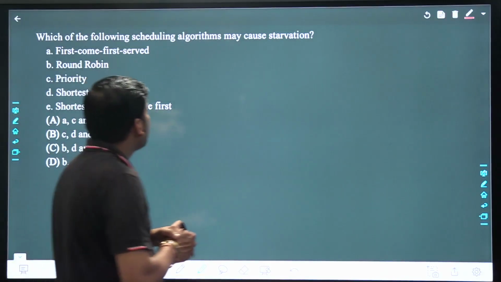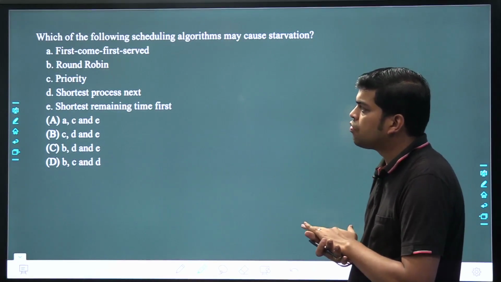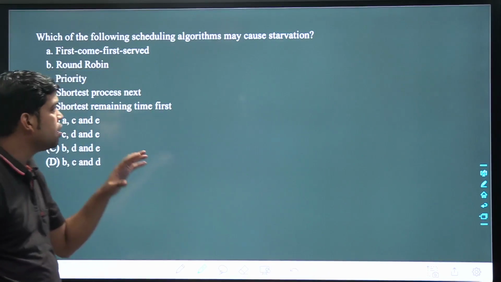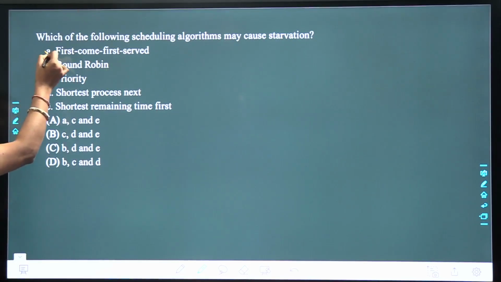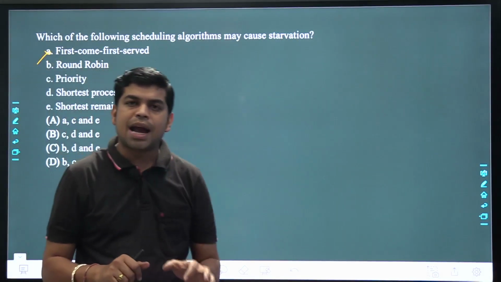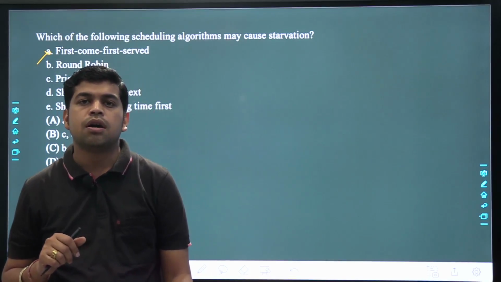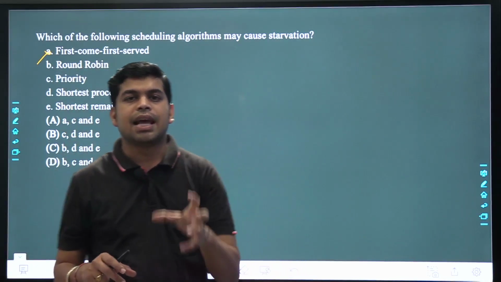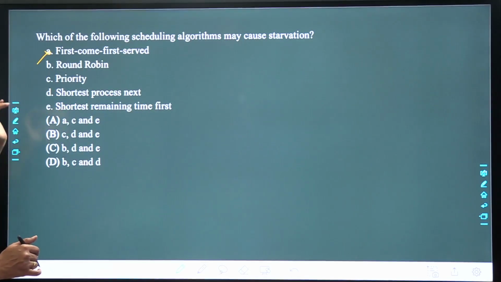Now the next question: which of the following scheduling algorithms may cause starvation? Out of these 4, which may cause starvation? So again, just understand the point of starvation. In first come first serve, definitely starvation is not possible. Starvation occurs due to the preemptive nature of scheduling, as in SJF, round robin, priority, shortest process next, shortest remaining time first.